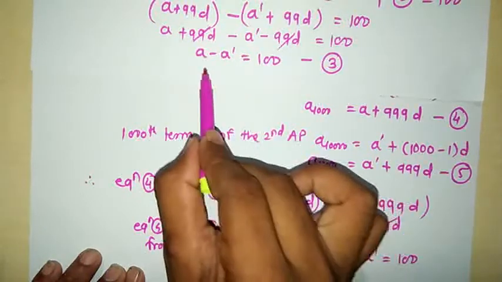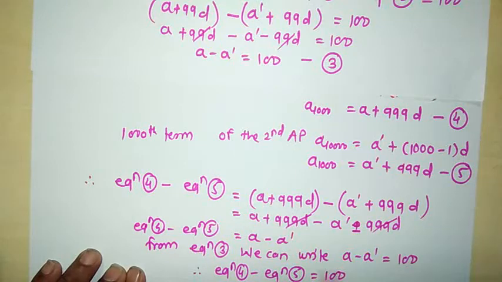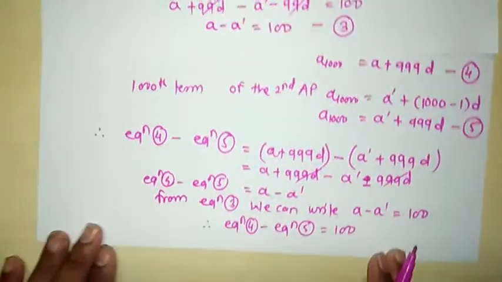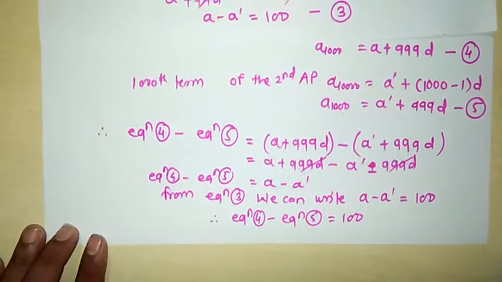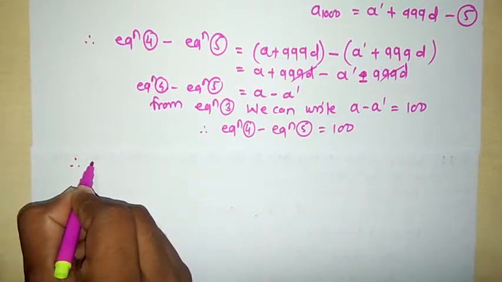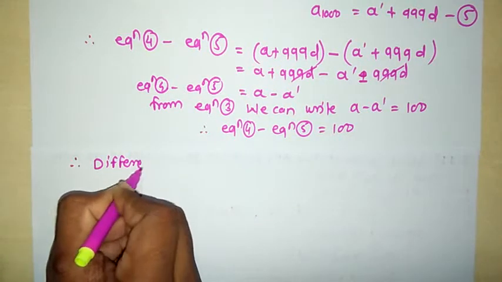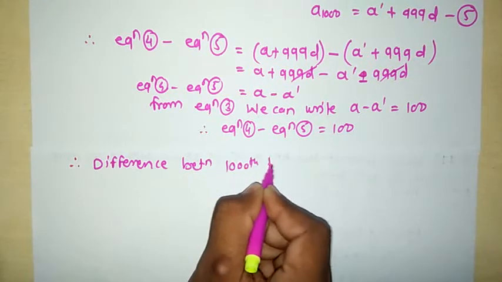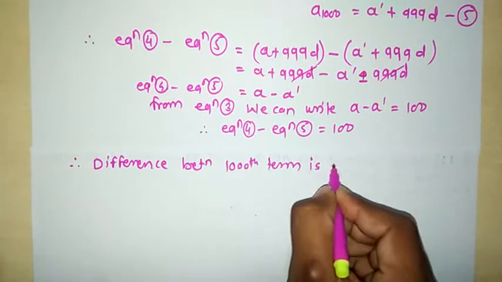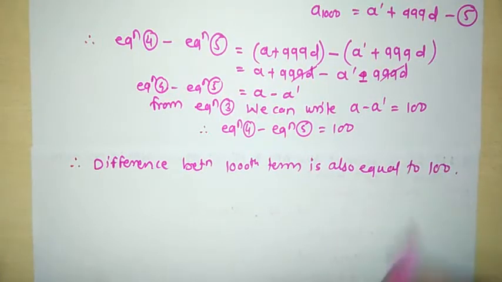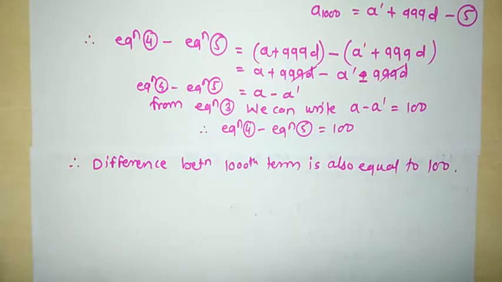But we already got a minus a dash is equal to 100. Therefore the difference between the thousandth terms is also equal to 100.